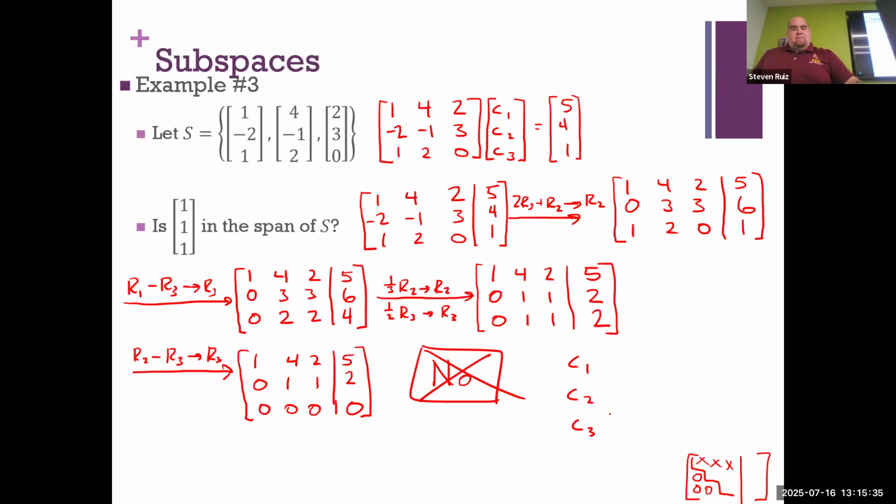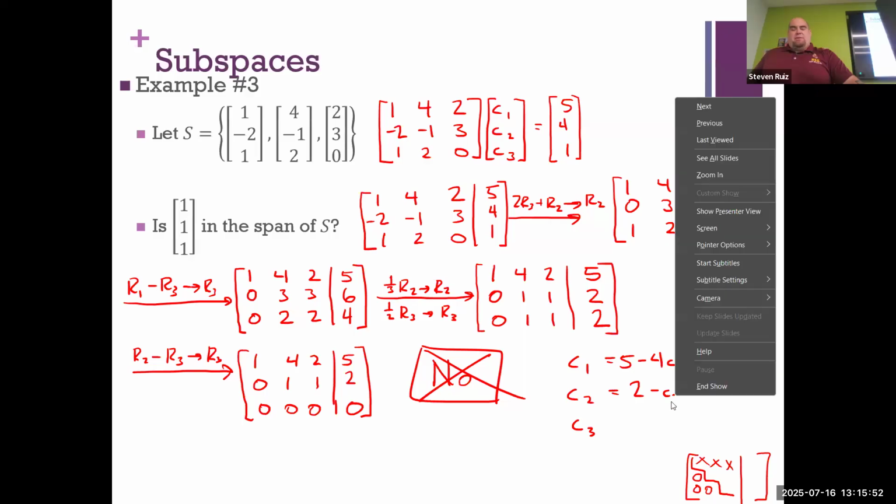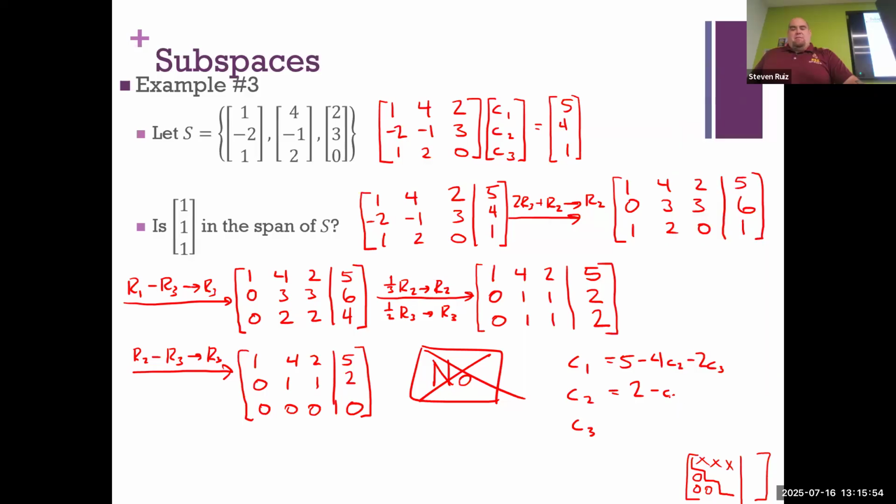C1 equals 5 minus 4 C2 minus 2 C3, and C2 equals, I think it's just 2 minus C3. And then C3 is a free parameter.